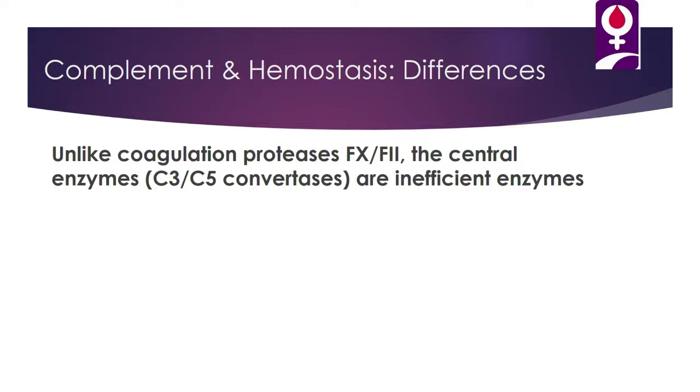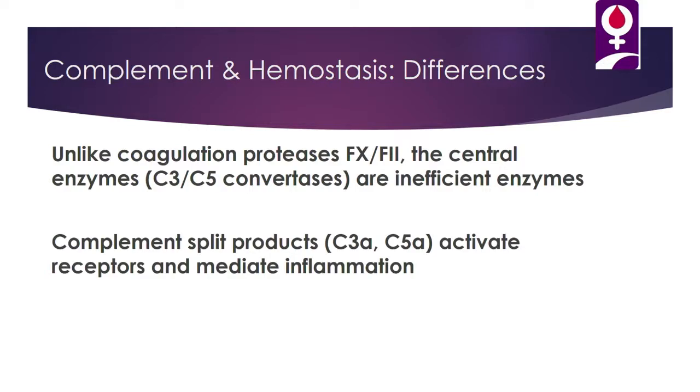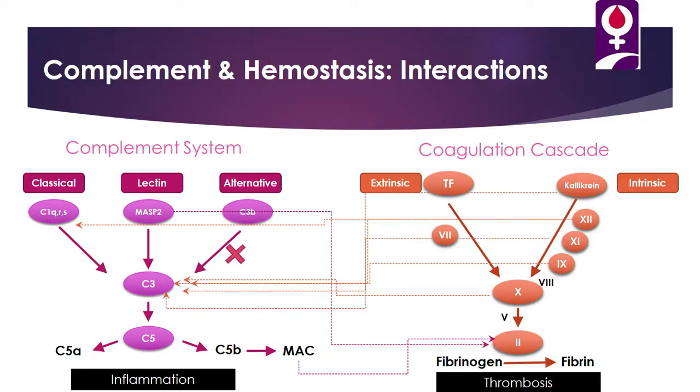Unlike coagulation proteases, factor 10 and factor 2, the central enzymes, C3 and C5 convertases, are very inefficient enzymes. And then you also have complement split products, C3a, C5a, that activate receptors and mediate inflammation without having significant enzymatic activity, without any activity.